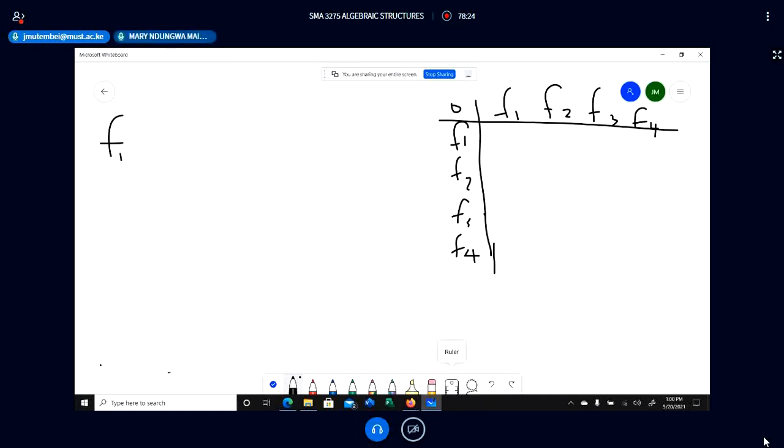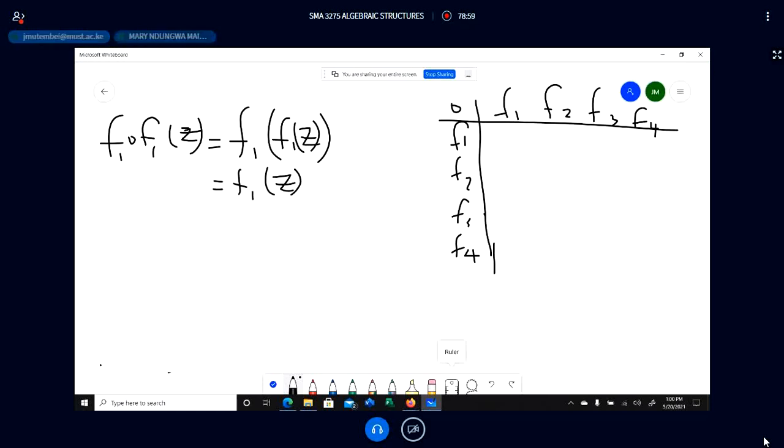F1 composite F1, that is the intersection of the first row and the first column, of Z is F1 of F1 of Z. And by our definition, F1 of Z is equal to Z. So in terms of the elements of G, F1 of Z is Z, so this Z here is equivalent to F1. So in my table here, I'll place F1 there.